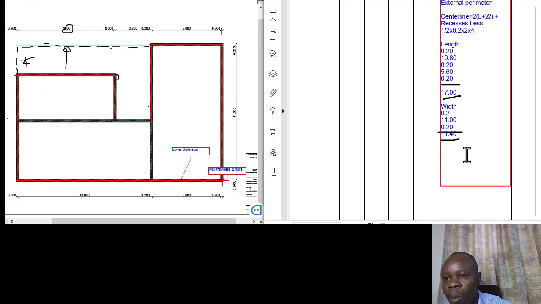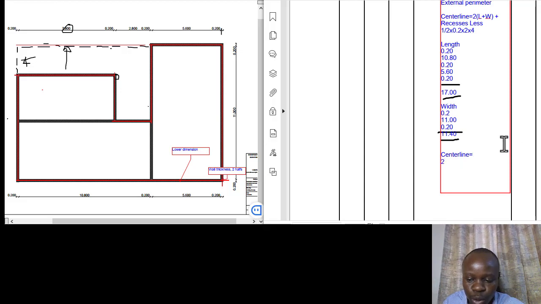The formula is this, so we'll just have 2 times bracket: the length we have is 17.00, and then we add 11.40. That will give us the external perimeter.